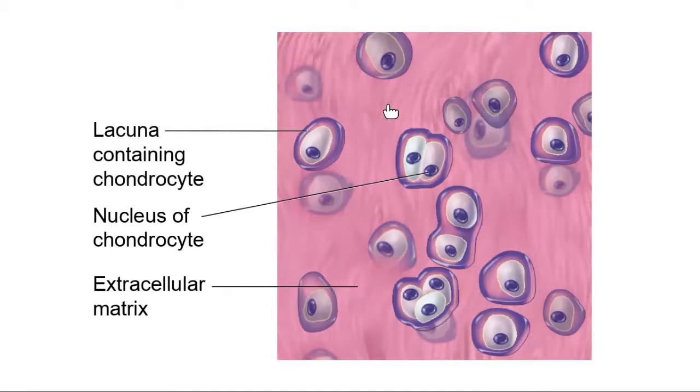And the other thing which is important to know is that your cells, which we call chondrocytes, are located in a cavity, and the name of the cavity is lacuna. So this is a chondrocyte, and it's located in the lacuna. This is the other chondrocyte in the lacuna. And here you can see the matrix.